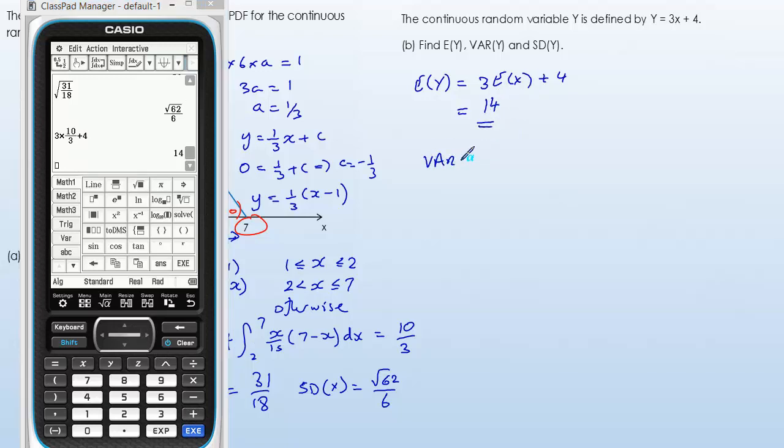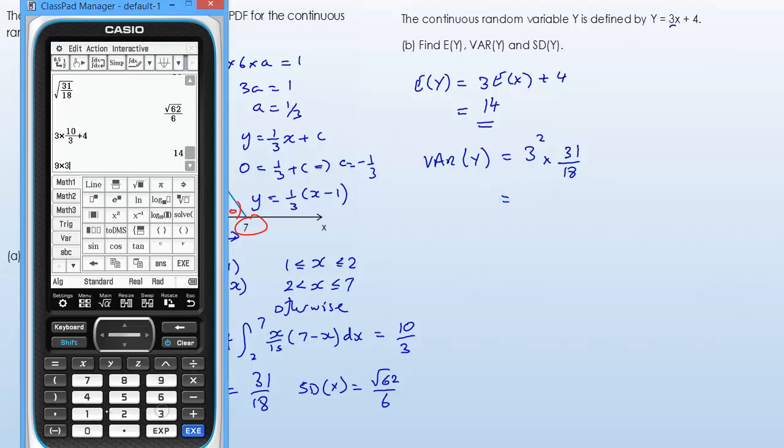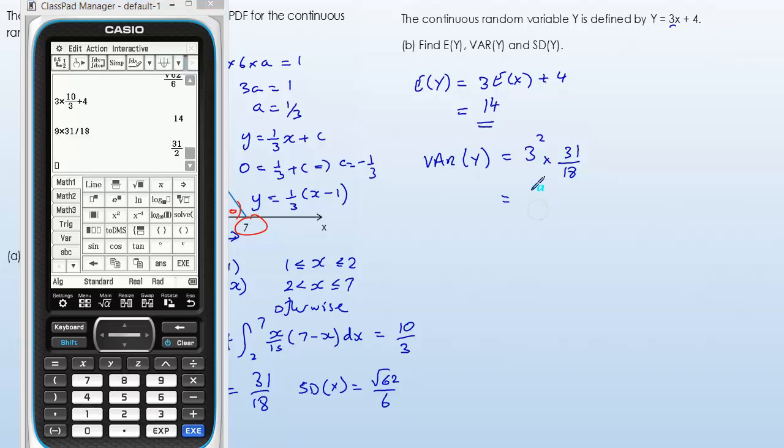Then var y, so the multiplier is 3, is going to be 3 squared times 31 over 18. So I've got 9 multiplied by 31 over 18. That gives us 31 over 2.